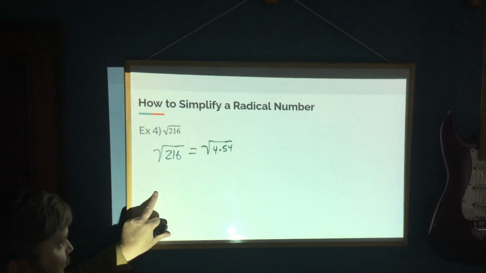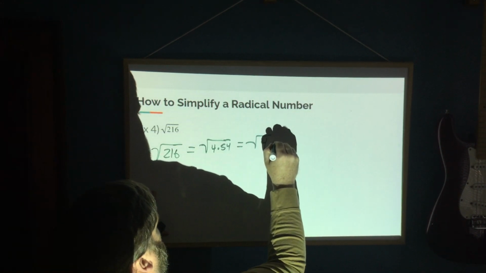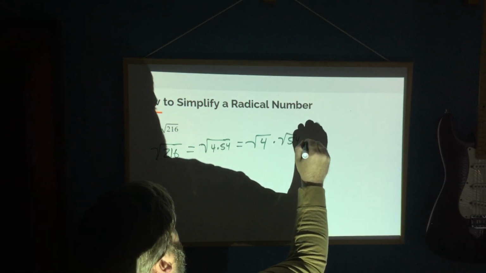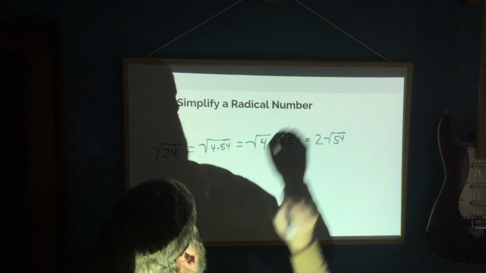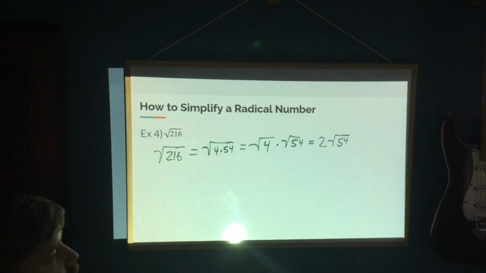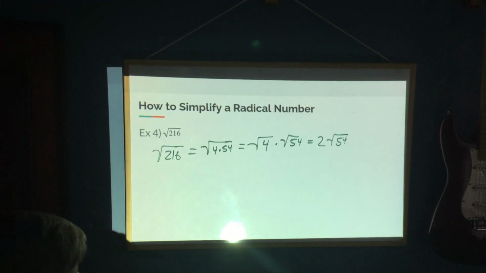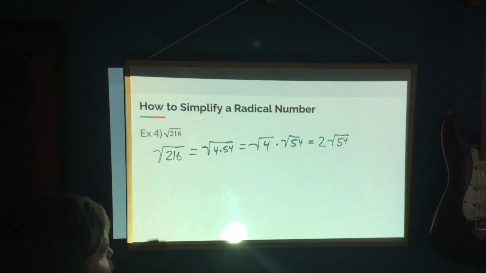So we have all that inside of the square root. And then break that into 2 times the square root of 54. And that's 2 square roots of 54. 54, right, we don't really have to use the calculator there, at least I hope not. You should know your times tables. 9 goes into 54 6 times.